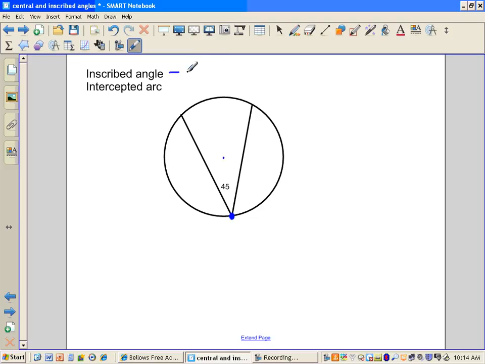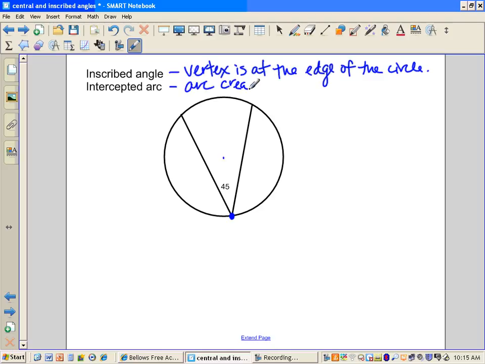So an inscribed angle, the vertex is at the edge of the circle. Okay? And so the intercepted arc in this case is the arc created by an inscribed angle.